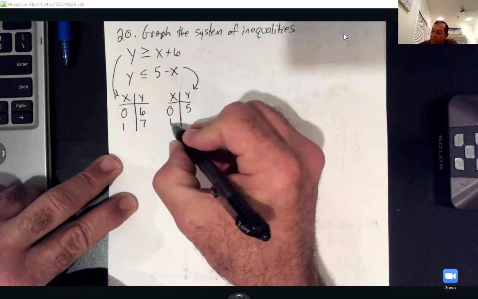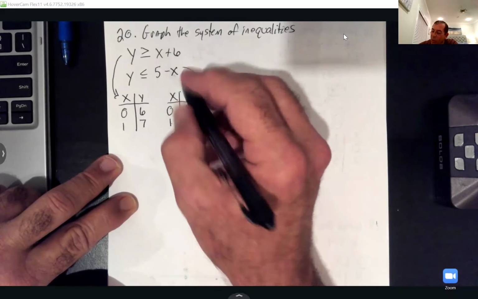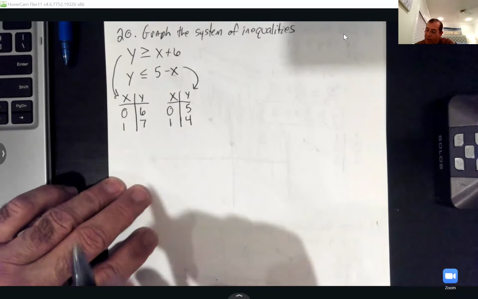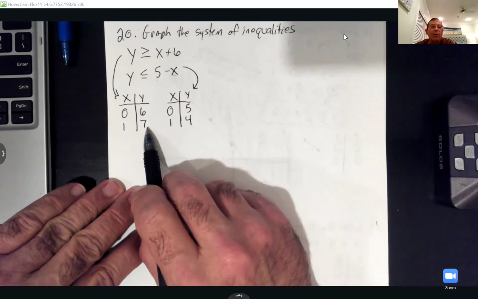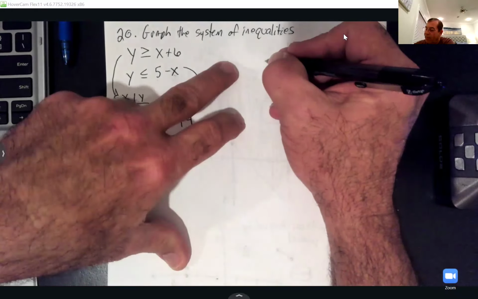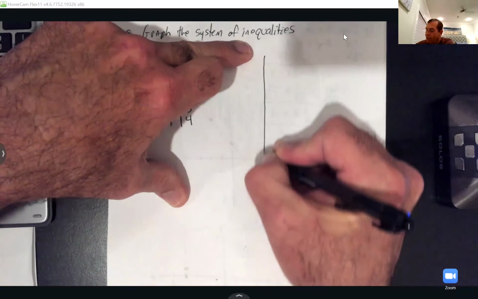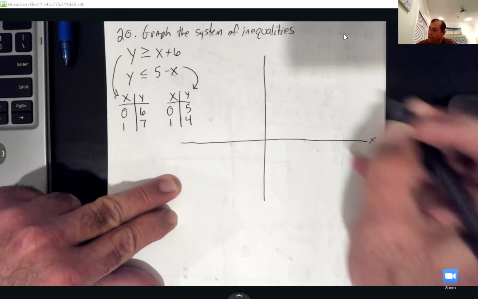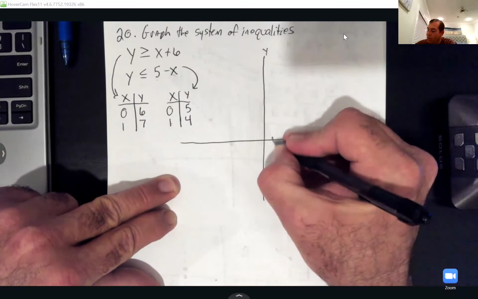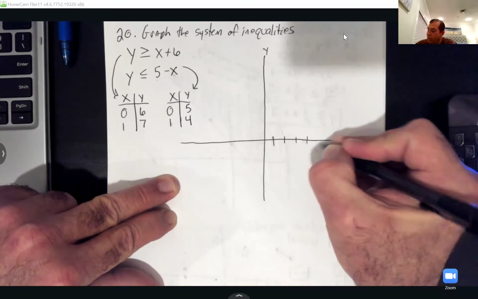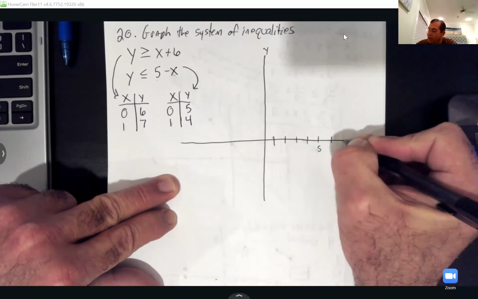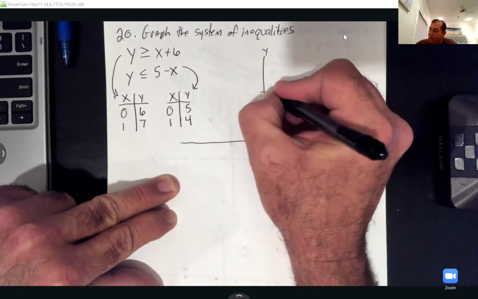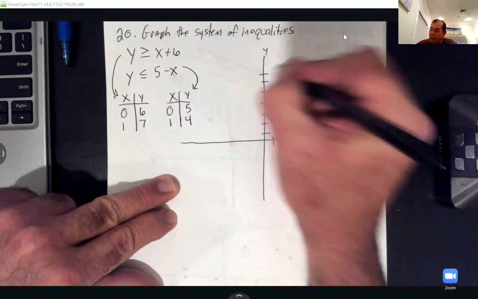If I put a 1 in, 5 minus 1 is 4. So it looks like I need to at least go out to 7 on this graph. So 1, 2, 3, 4, 5, 6, 7. 1, 2, 3, 4, 5, 6, 7.